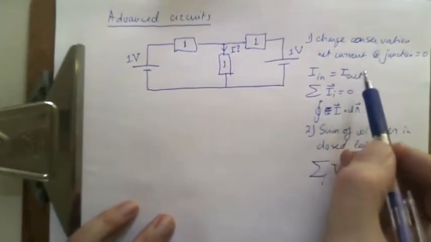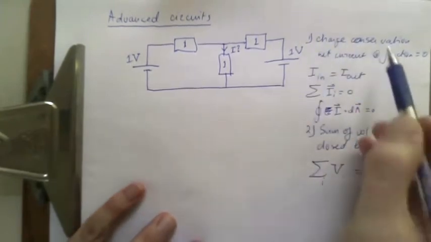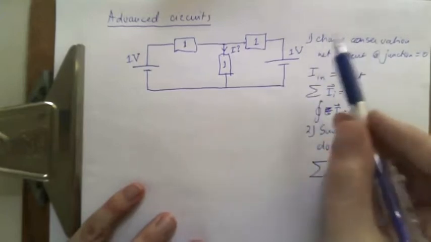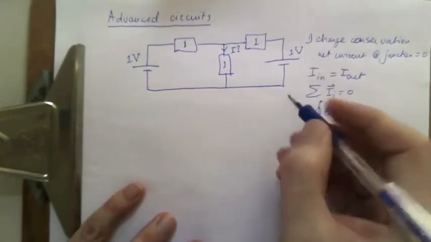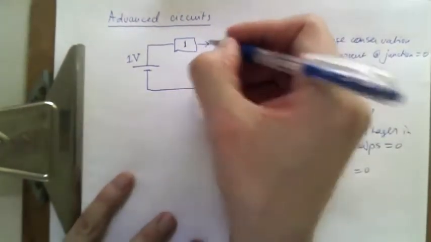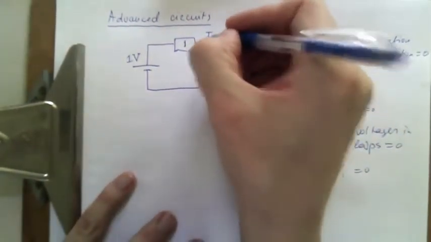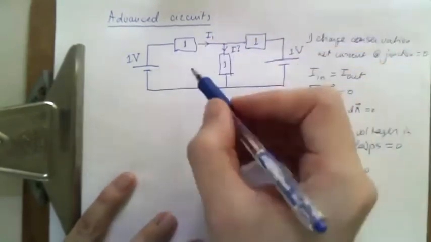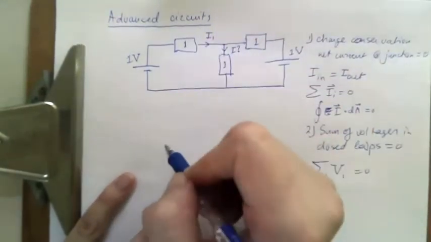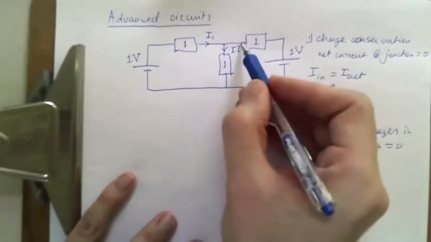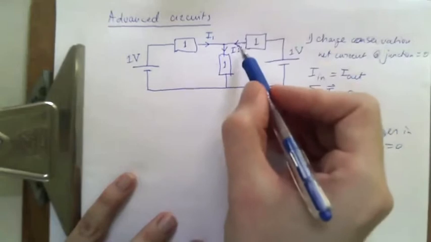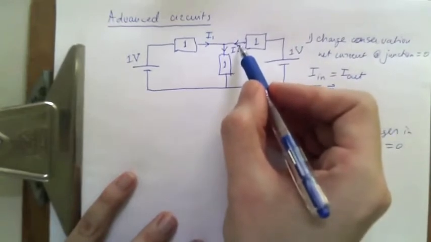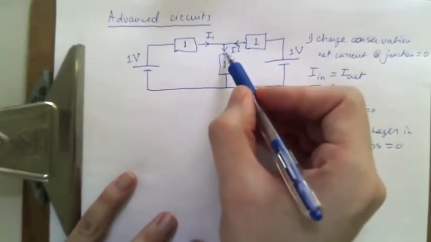There's this first law that says that the net current going into a junction is 0. So for instance, we could call this I1, because we've got to start somewhere. And I1 goes this way, and we can call this another current, I2, except I'm not going to call it I2 because I'm actually going to want to solve for this current.